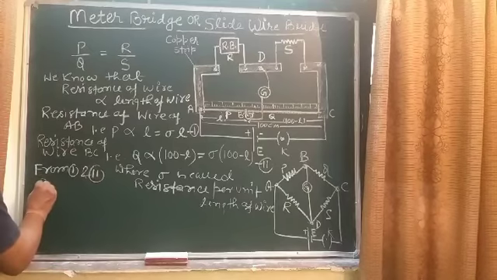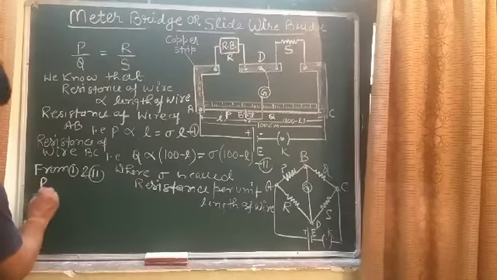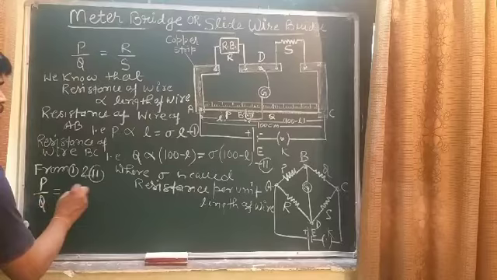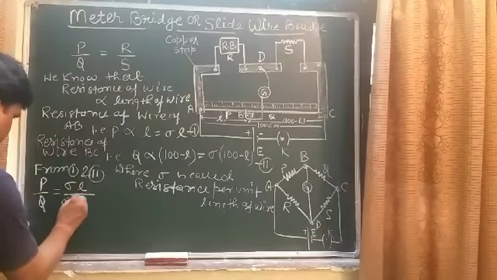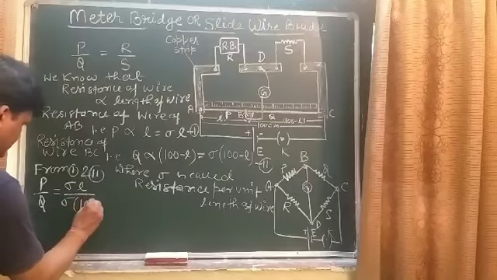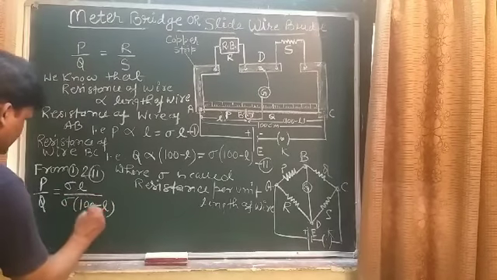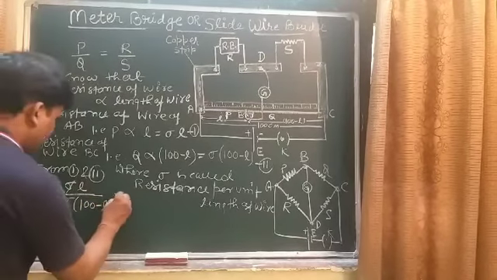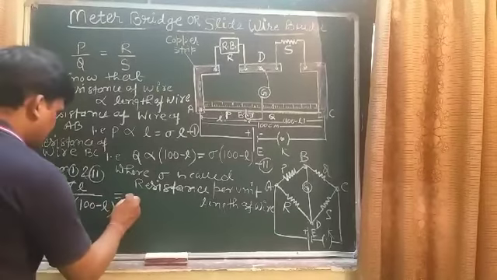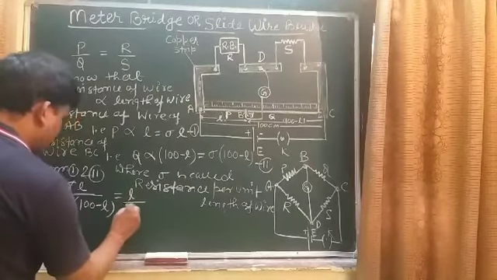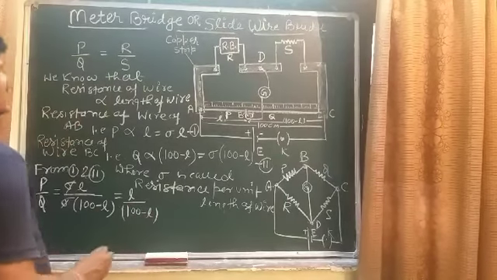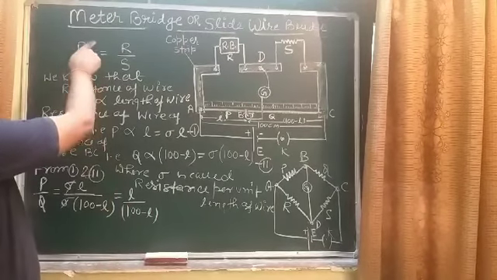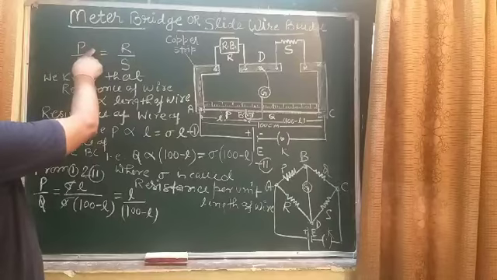So P by Q equal to sigma L by sigma into 100 minus L. Sigma cancels out, and it comes out to be L by 100 minus L. Students, we already know the balance condition of the Wheatstone bridge.